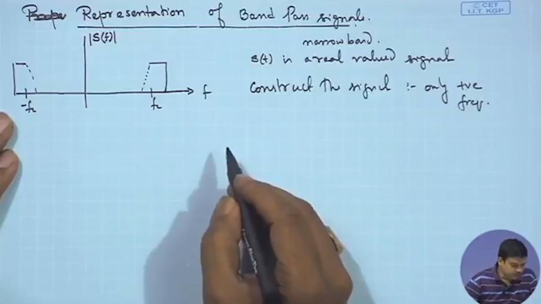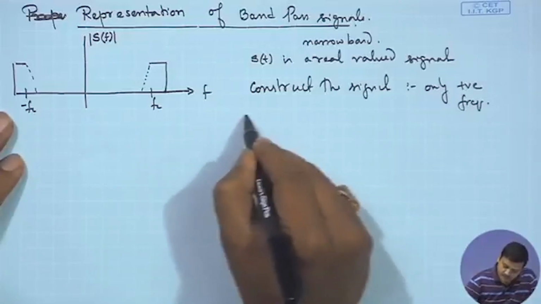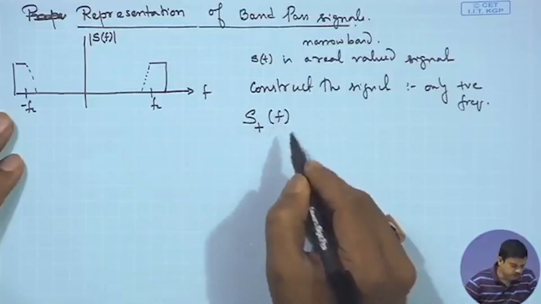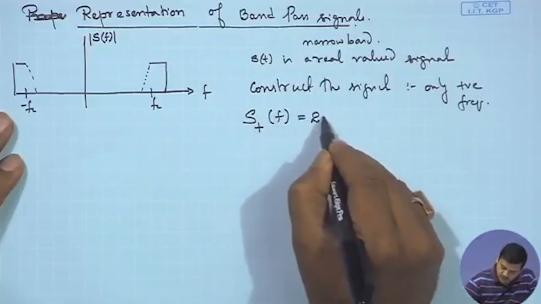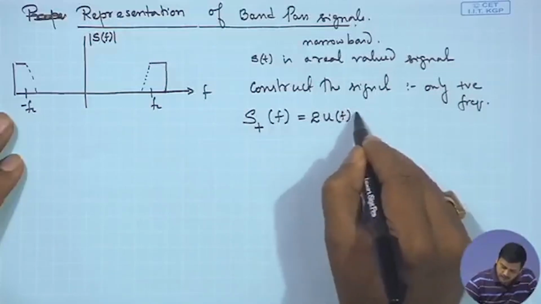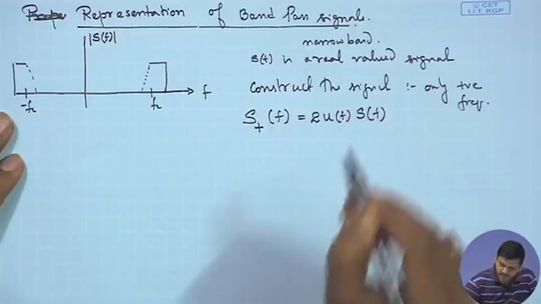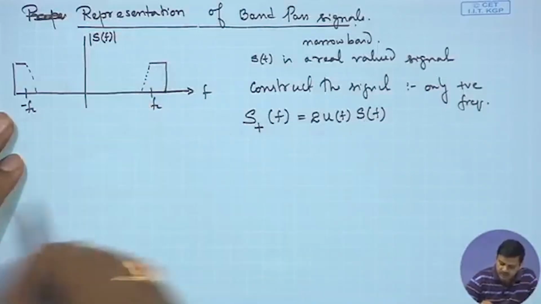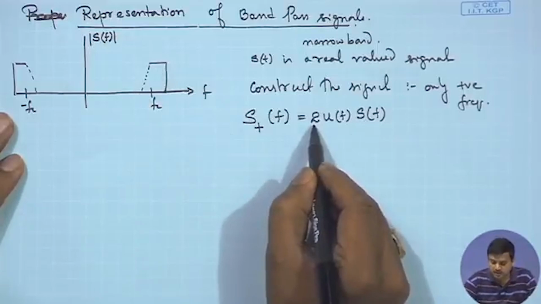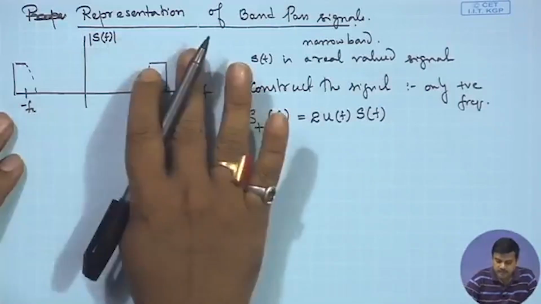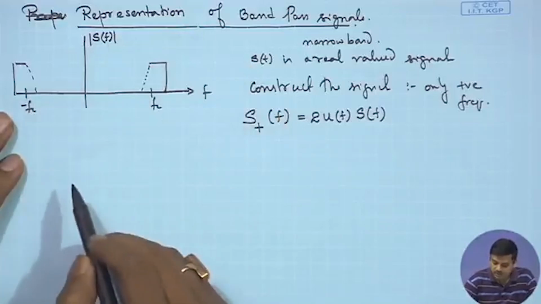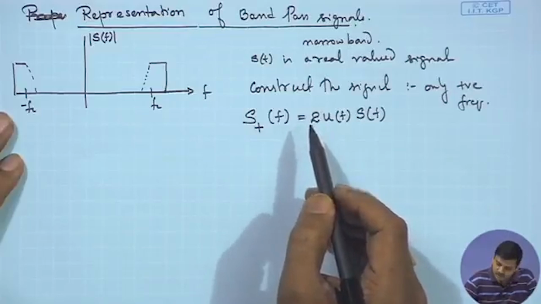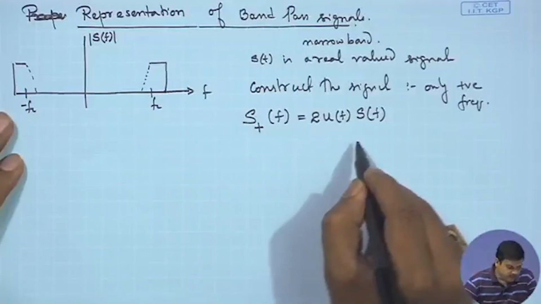If that is so, we could write S plus of f, indicating the signal with the positive set of frequencies, as 2 u of f times S of f. U is the unit step, S of f is S of f, and 2 is a normalizing constant. Another justification is that since we are using half of the signal, we have to increase the signal strength. So, we are using 2 over here.